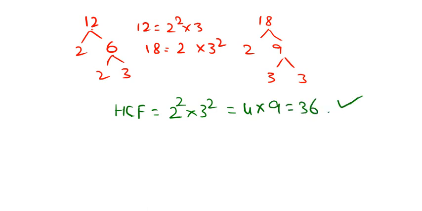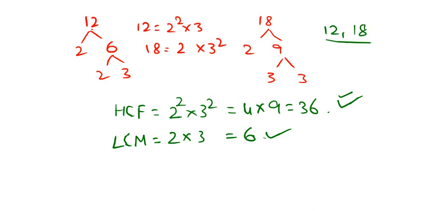HCF is 36, and the LCM is the least powers, 2 into 3, which is 6. Here 36 is the HCF and 6 is the LCM. There are different values for different numbers.